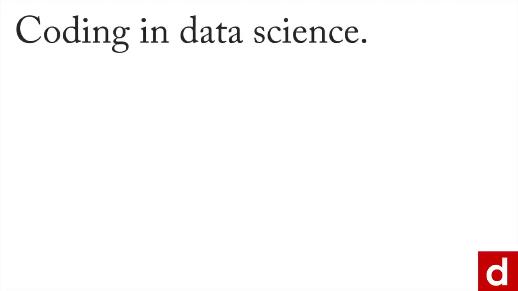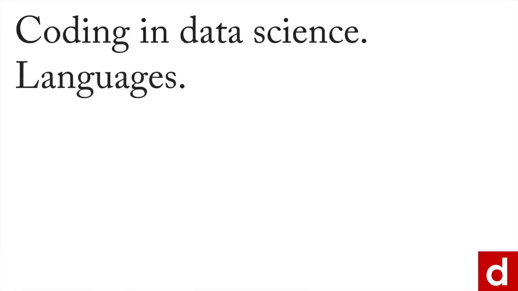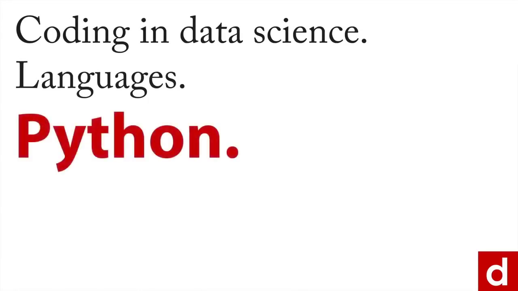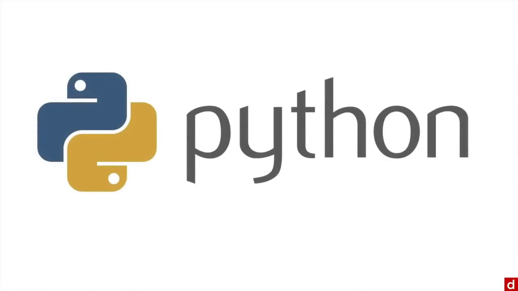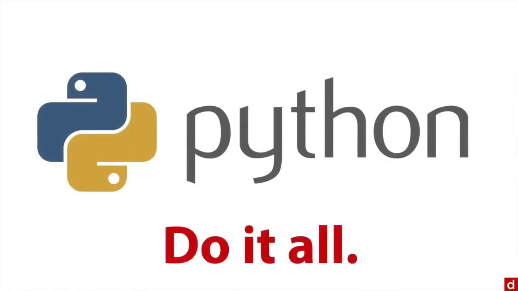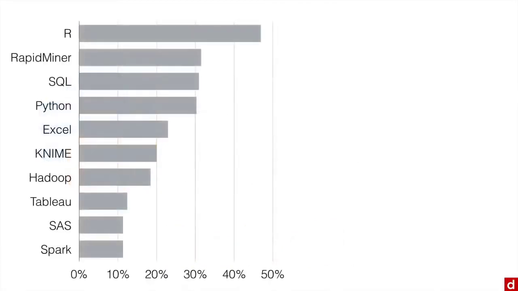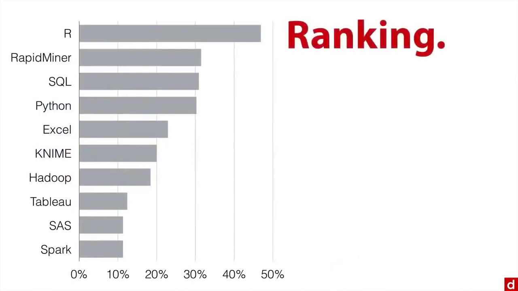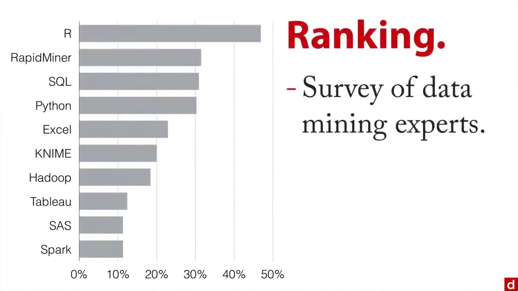When talking about coding and data science in the languages, along with R, we need to talk about Python. Now, Python, the snakes, is a general purpose program that can do it all, and that's its beauty. If we go back to this survey of the software used by data mining experts, you see that Python's there. It's number 3 on the list.